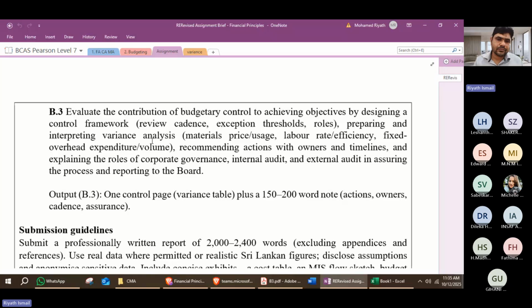When you look at the questions: evaluate the contributions of budgetary control for achieving objectives by designing a control framework.